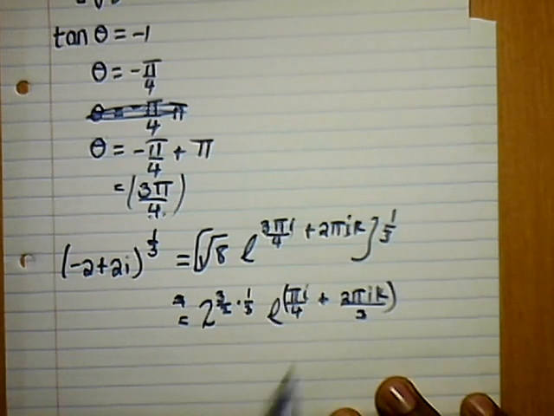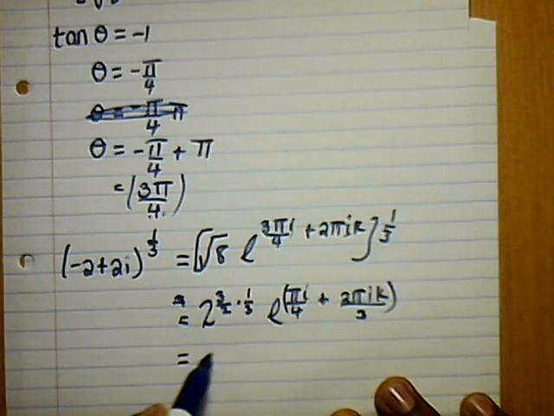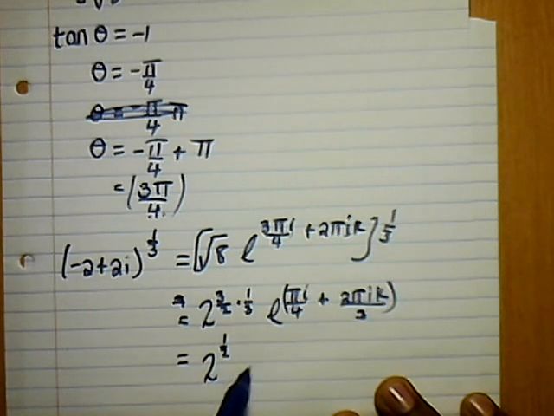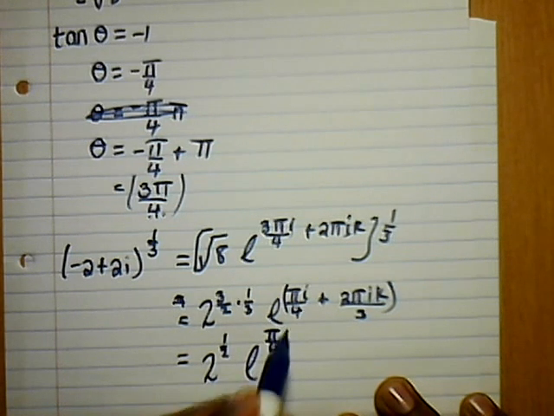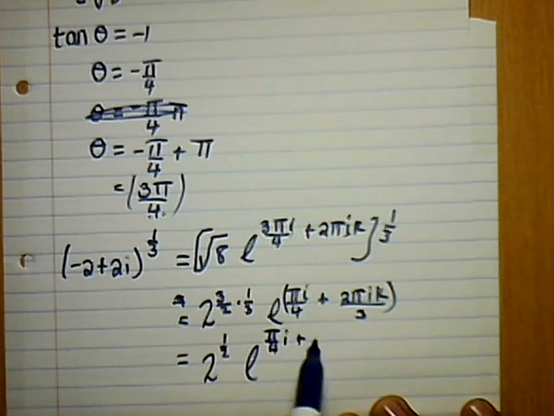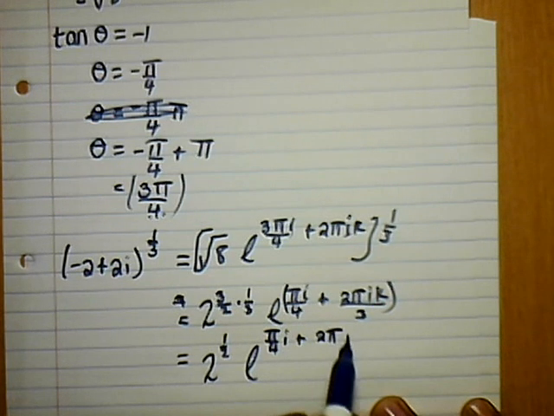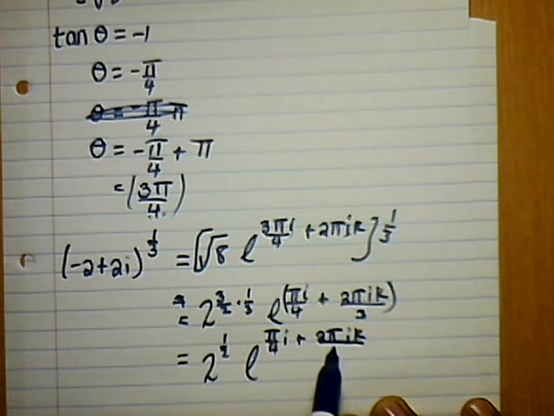So this first simplifies to 2 to the power of 1 over 2 e to the power of pi over 4i plus 2 pi I k over 3.